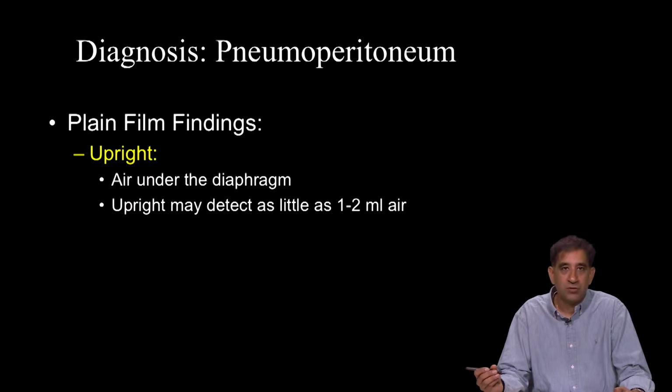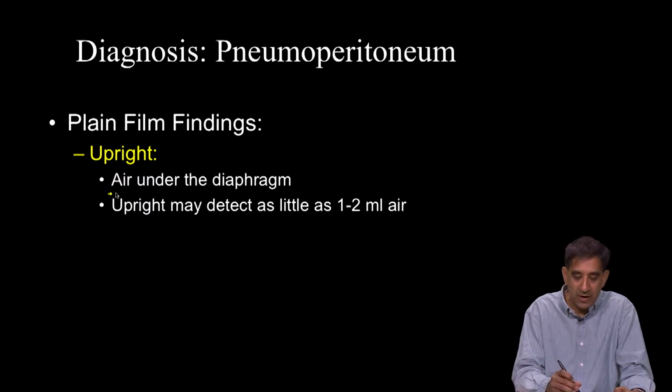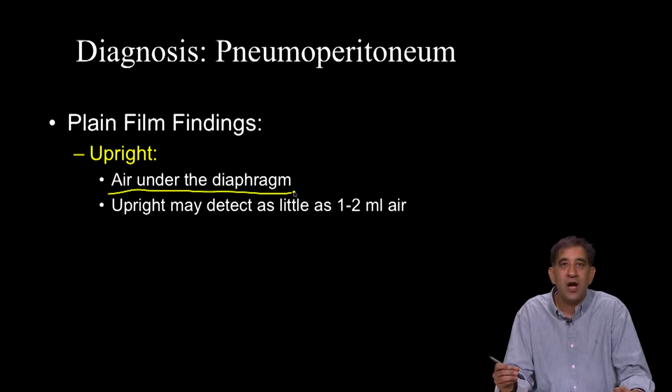What do we see on plain film? When we're looking at the upright plain film, generally you're going to see air, as I mentioned, under the diaphragm, as in our case. And in an upright chest X-ray, you can see as little as 1 to 2 millimeters of air that might have escaped from perforation of a gastric or duodenal ulcer.